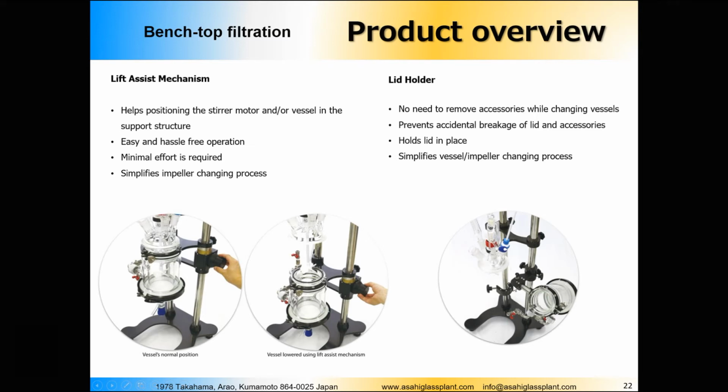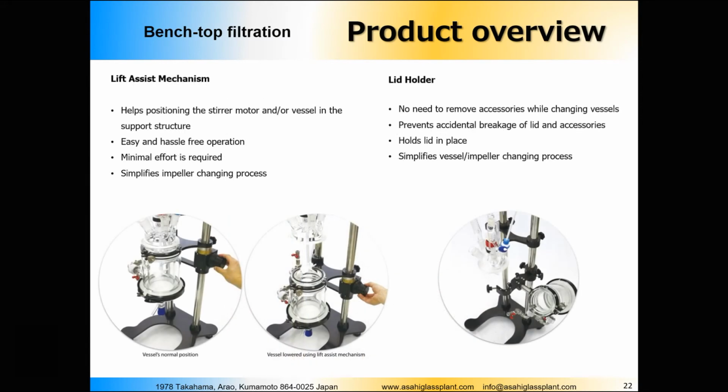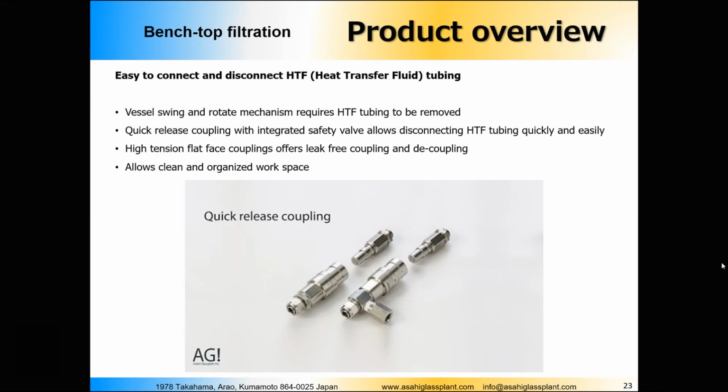And although the hoses from Asahi are very flexible and very light, they will still bother you when you need to rotate the vessel, especially like this. So you need to disconnect the hoses, and in order to do that quickly, you will need these quick release couplings. As I told you, I'll switch to the video in this place, and that's when everyone will see the advantages of these quick release couplings.